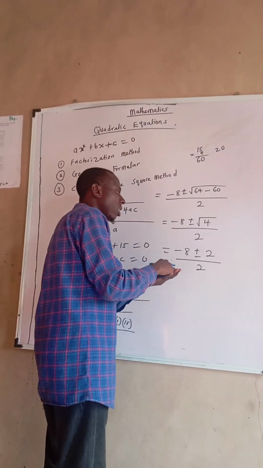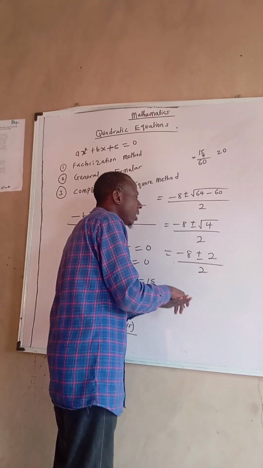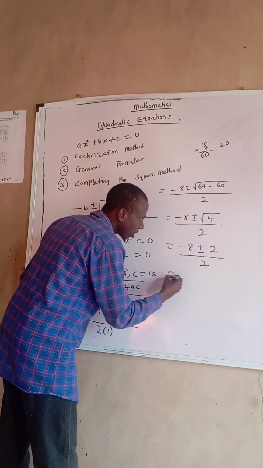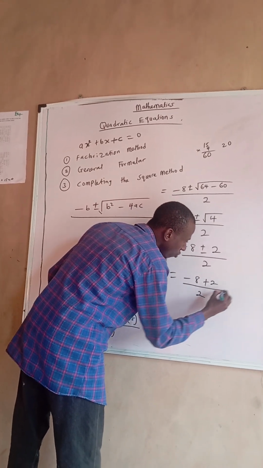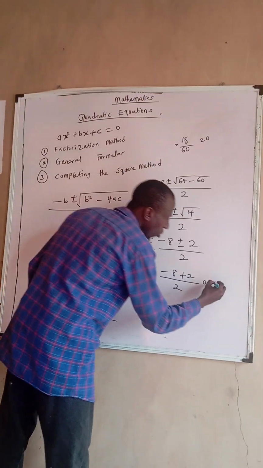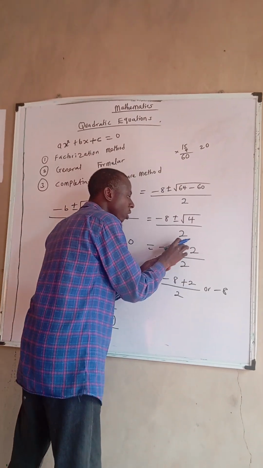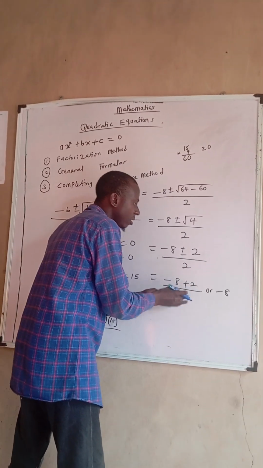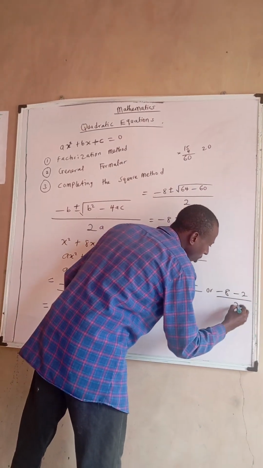Either we add it or we subtract it. So we first add it and then we subtract it. Now we have it as minus 8 plus 2 all divided by 2, or we subtract: minus 8 minus 2 all divided by 2, because of this sign plus or minus.